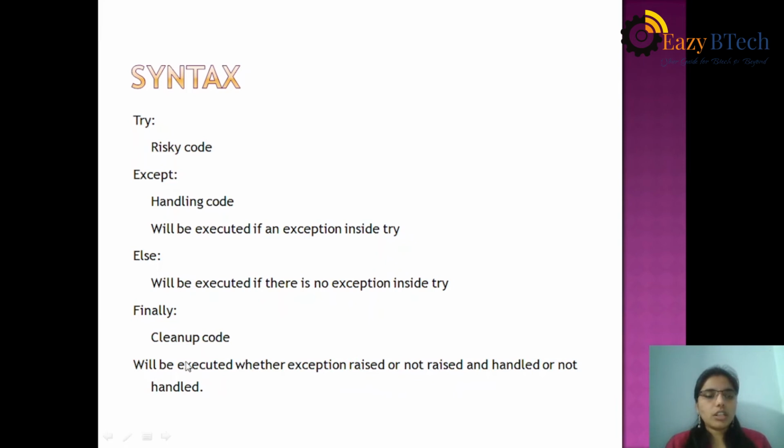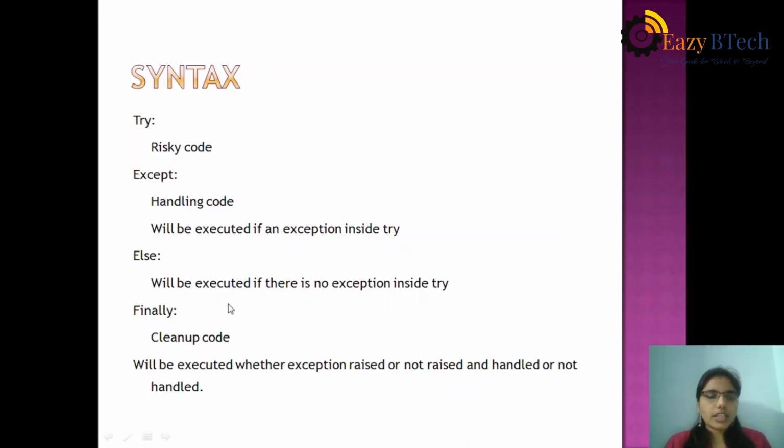And finally, the cleanup code will be executed whether the exception is raised or not, handled or not. But here the order is important. First of all, we have to write try, after that except, after that else, after that finally. The order is important here.